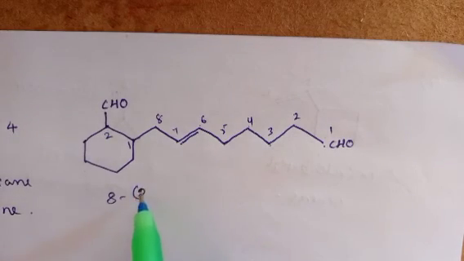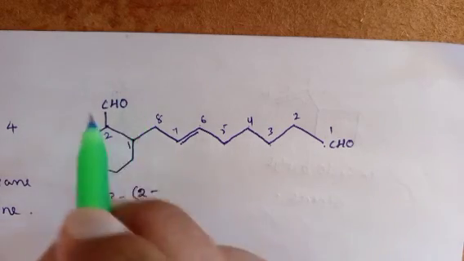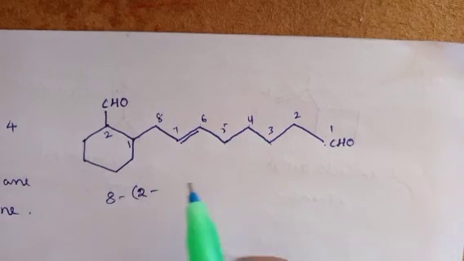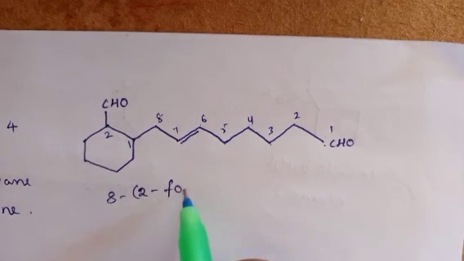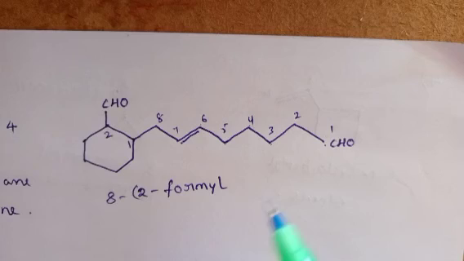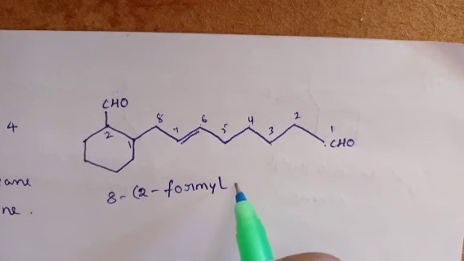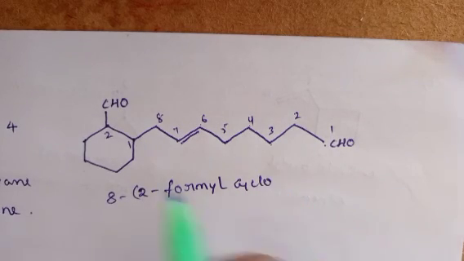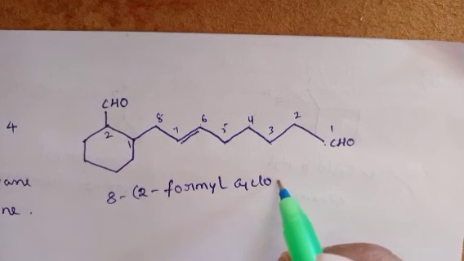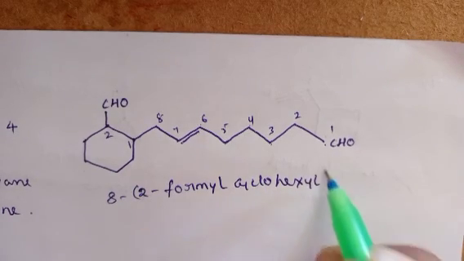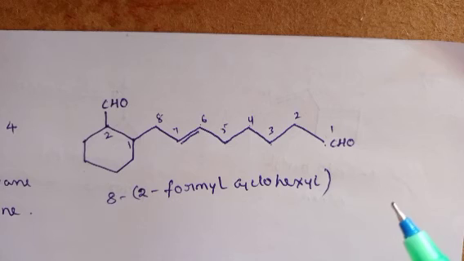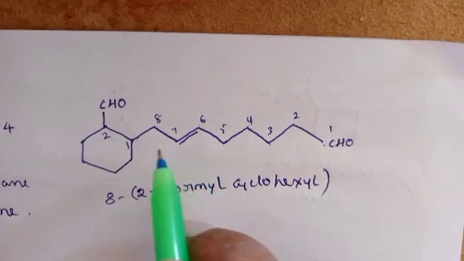The second carbon contains the CHO group, but here the CHO group acts as a dummy part, so formyl. The CHO dummy name is formyl. So 2-formyl, and the remaining cyclic group has 6 carbons, cyclohexyl. So 8-(2-formylcyclohexyl).